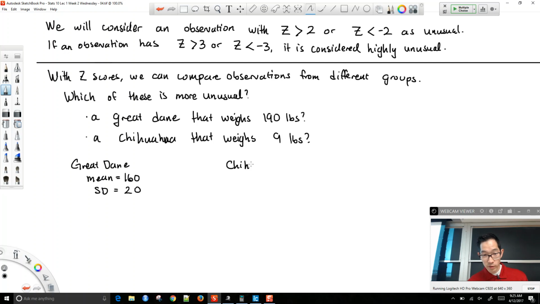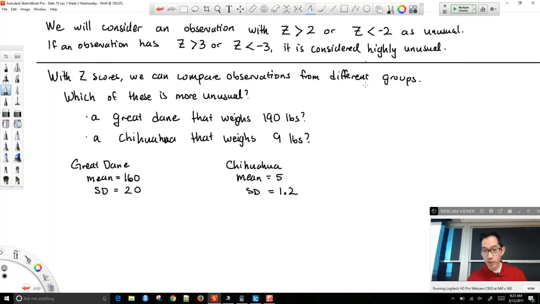And for Chihuahuas, the mean is 5 and the standard deviation is 1.2, okay? So what you're going to do is find the z-score for each of these things, and whichever one has the larger z-score is the one that's more unusual, okay?